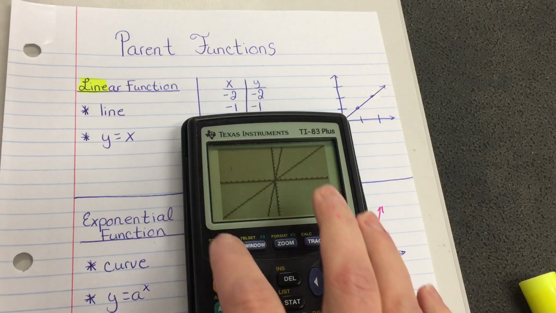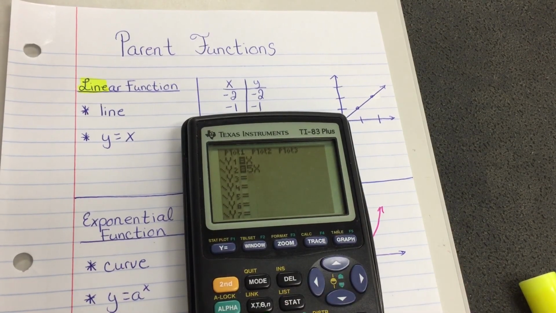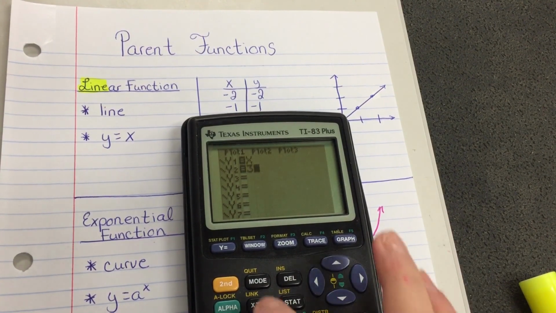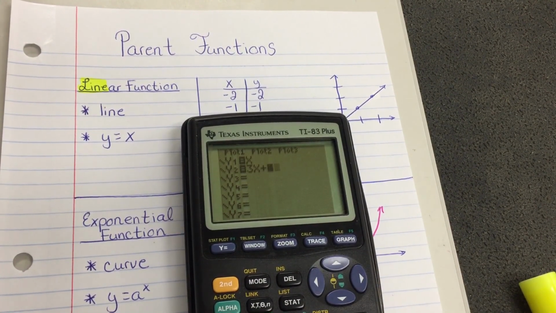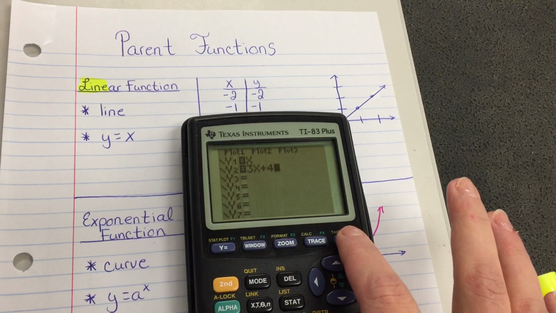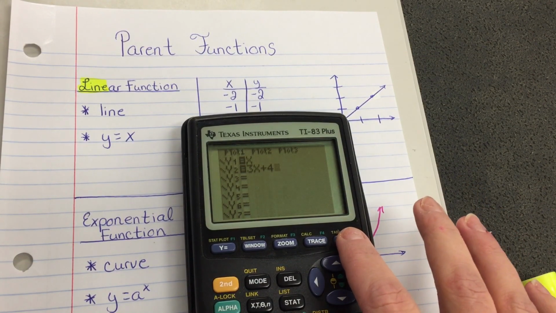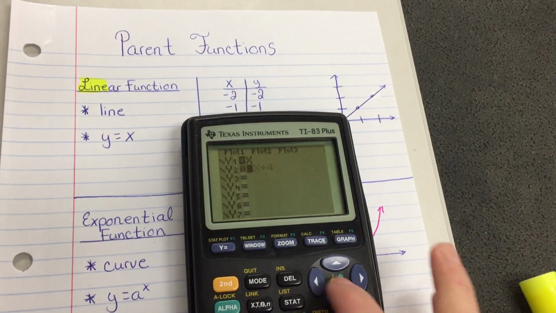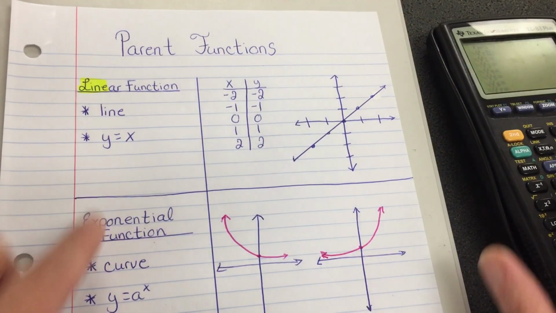If you type in y equals 3x plus 4, I'm now going to switch the slope of the line and shift it up. We shifted it up on the y-axis. But everything starts with y equals x.